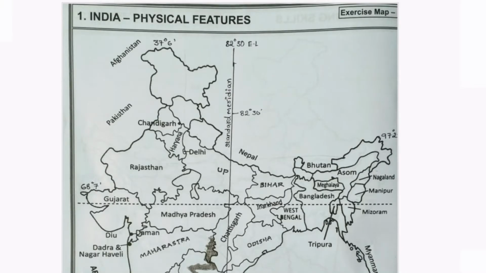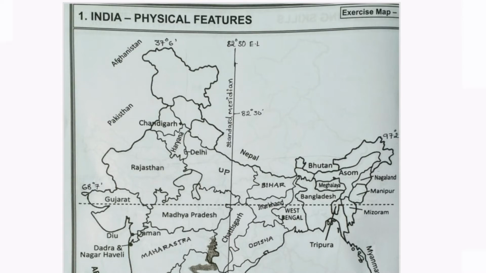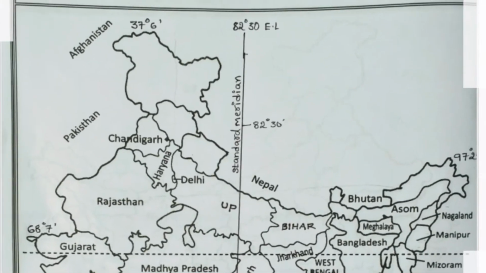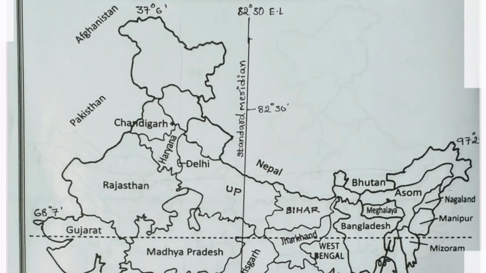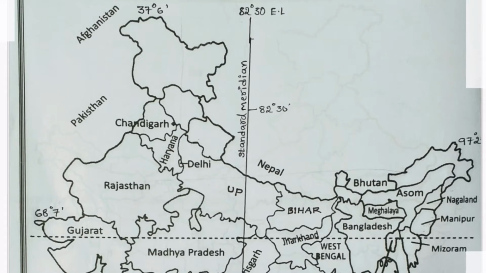This is the India map, and here we have to learn some points. Already I told you, our India lies in the northeastern hemisphere. So in which longitude and which latitude does our India lie?